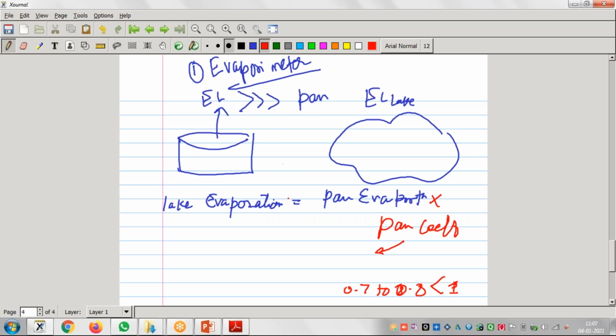And here the range is already given for the pan evaporation. Again, pans are of different types, right? ISI, meaning Indian Standard pan, is there. Some other pans are also there. We are not going into that detail, but there are different types of pans, right?